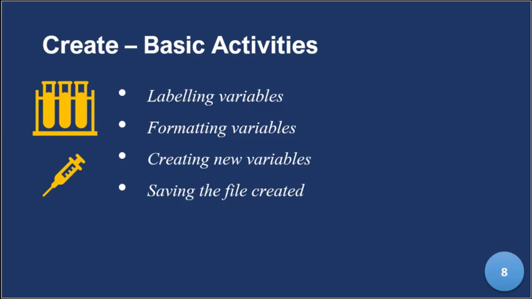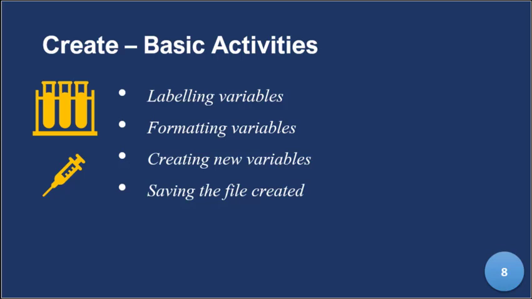And then we're going to have variables to be formatted. We had numeric formatting, date formatting, and string formatting, so it's going to be in a form that we can do some processing on. And then most of the time in preparing your data, you may need to create what we call new variables. And then we're also going to save.